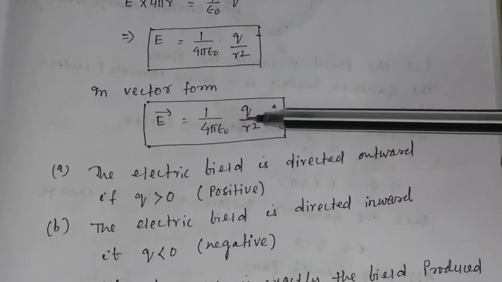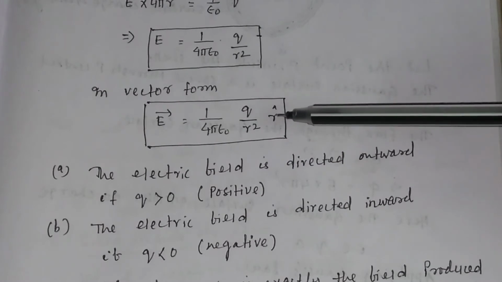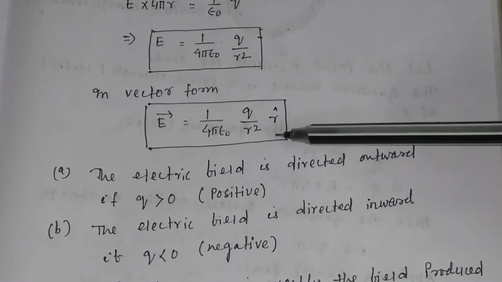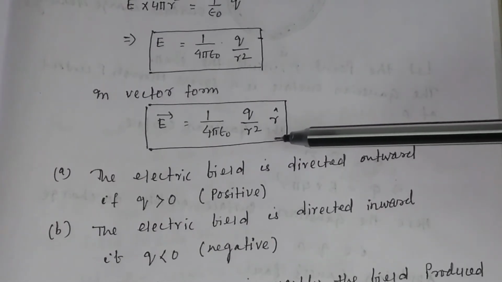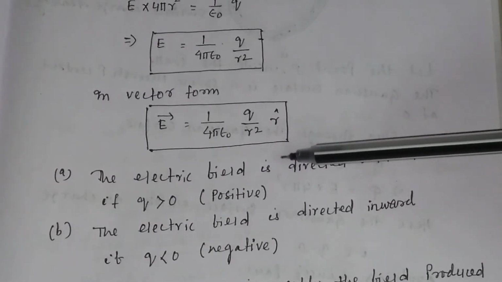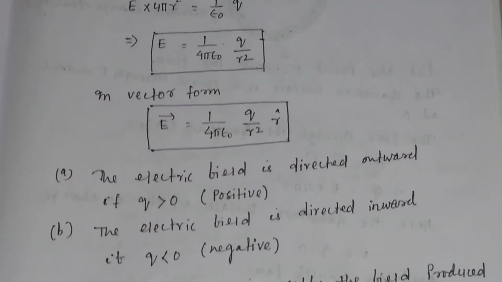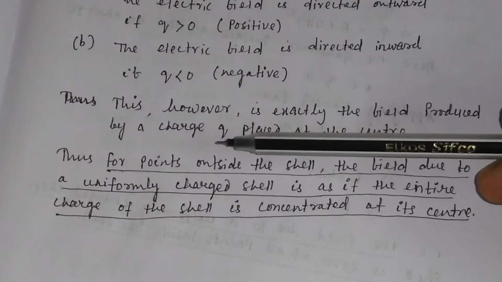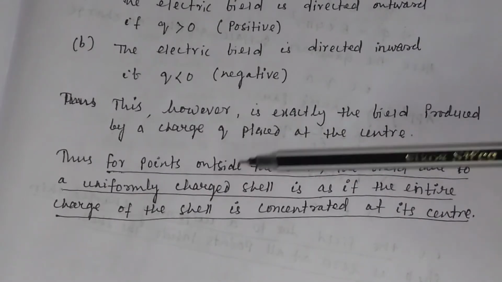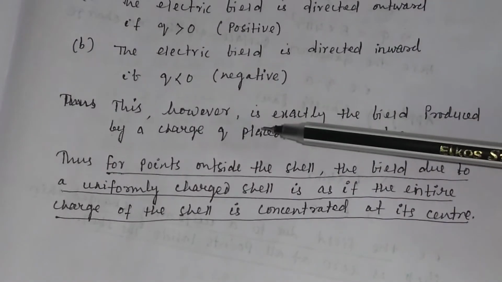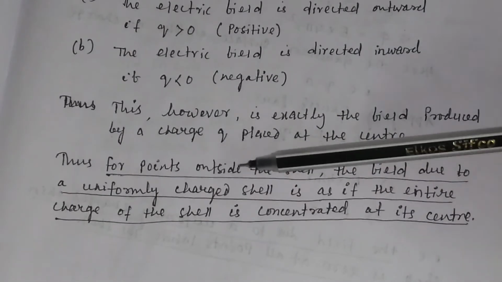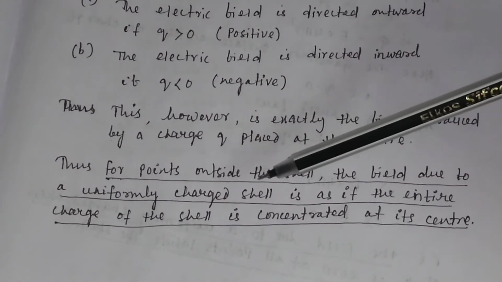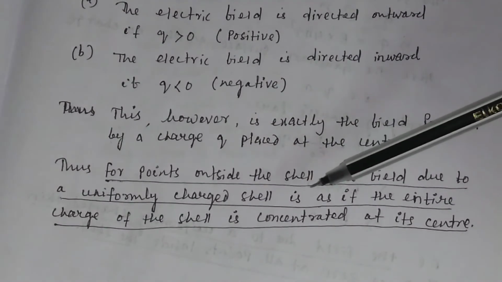Thus, for points outside the shell, the field due to a uniformly charged shell is as if the entire charge of the shell is concentrated at the center. Actually, the charge is residing on the surface, but from the expression of the electric field, it seems as if the whole charge is residing at the center of the spherical shell.